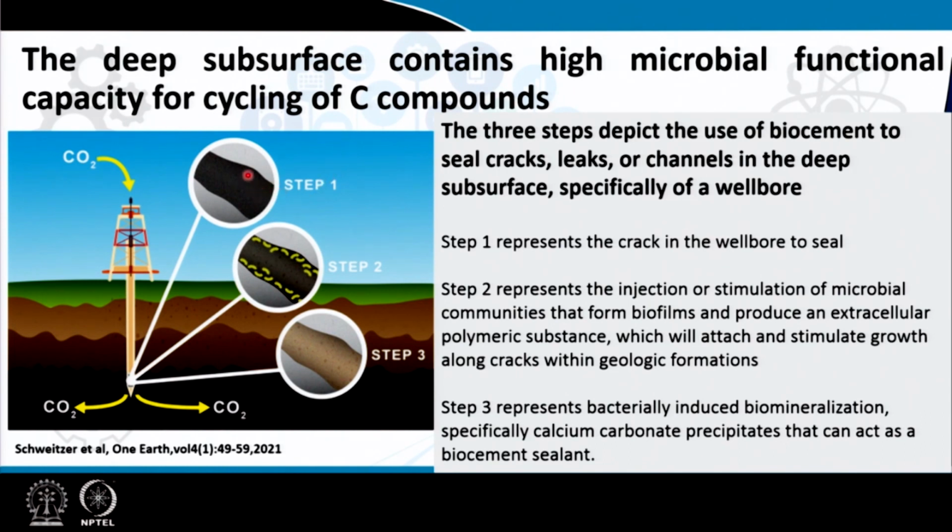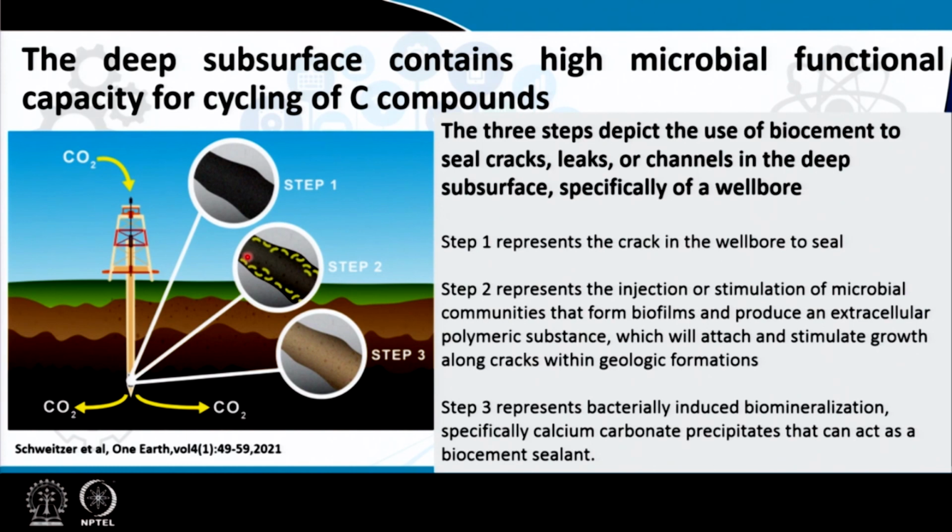So, the microbes can form biofilm and help in sealing cracks in the wellbore. The second step is injection or stimulation of the natural microbial community that form biofilm and produce an extracellular polymeric substance, EPS material, which will attach and stimulate growth along the cracks within the geologic formation.